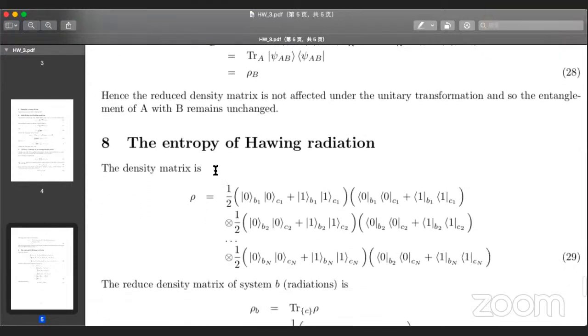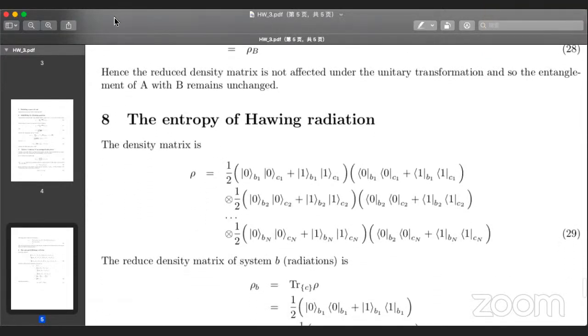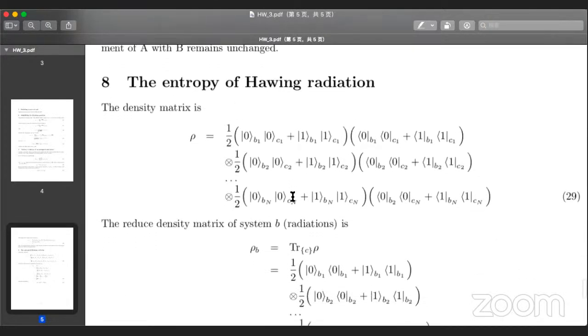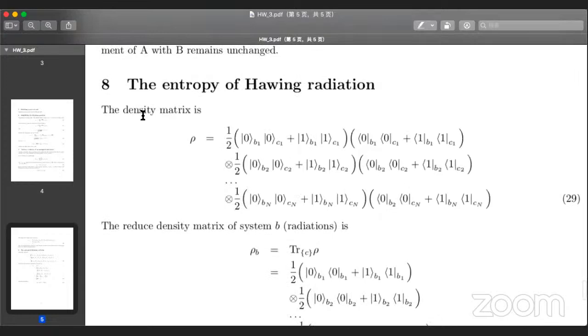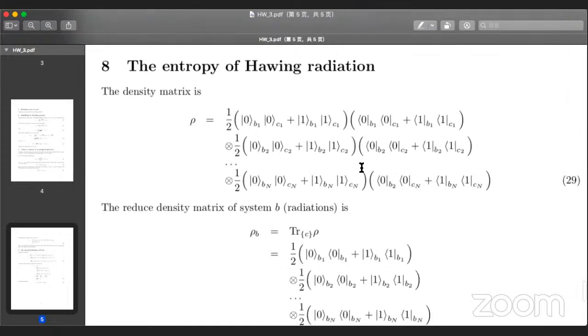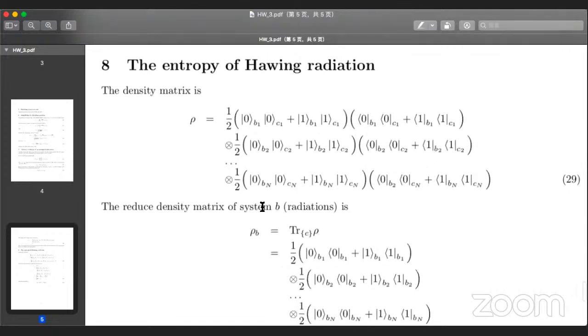Okay, so the next problem is to compute the leading order entropy of the Hawking radiation. We have the state like this, and we can compute the density matrix by taking the product with the bra part. So we have this density matrix for the whole system, and system B, for example, describes the radiation.